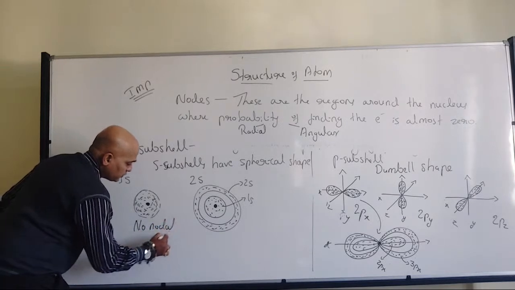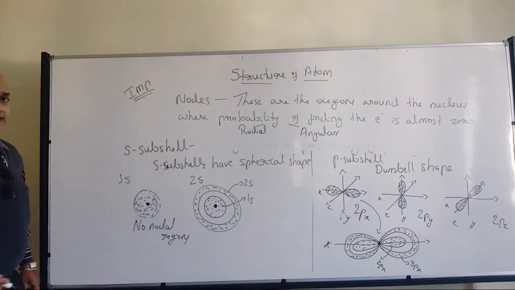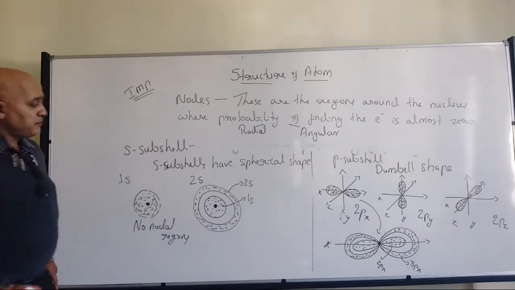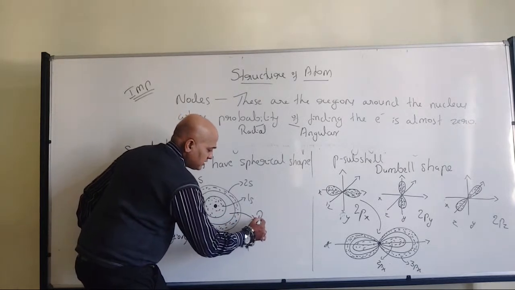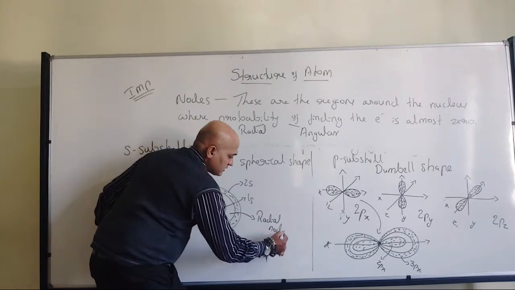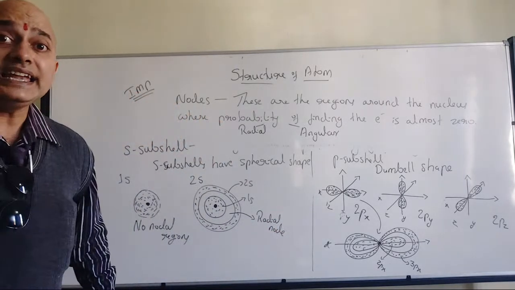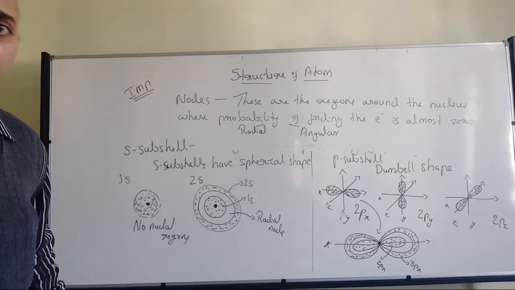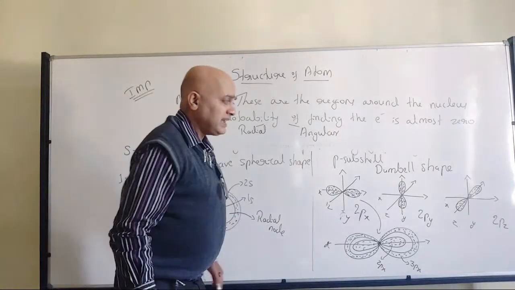But when it comes to 2s, there is one node, which is called a radial node. Got my point?